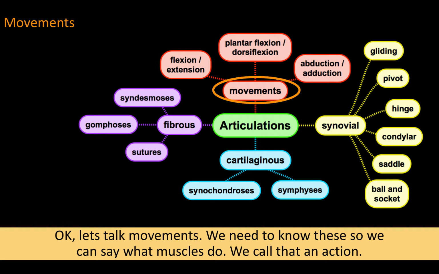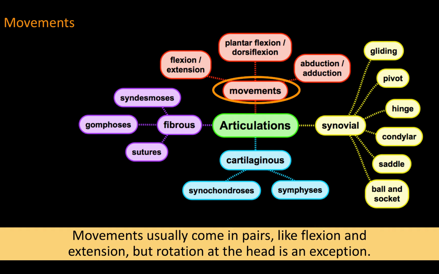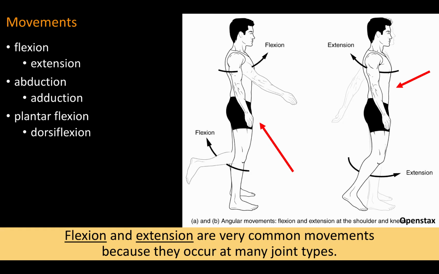Okay, let's talk movements. We need to know these so we can say what muscles do. We call that an action. Movements usually come in pairs, like flexion and extension, but rotation at the head is an exception. Flexion and extension are very common movements because they occur at many joint types.